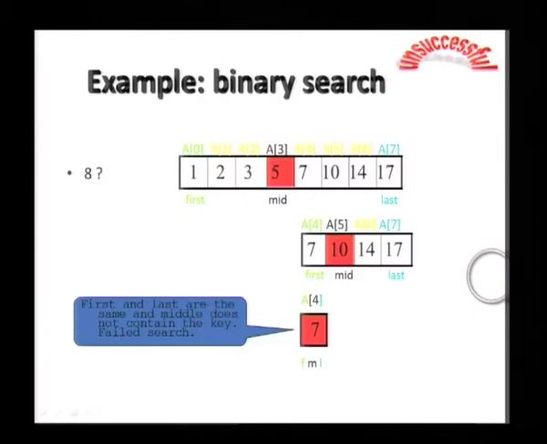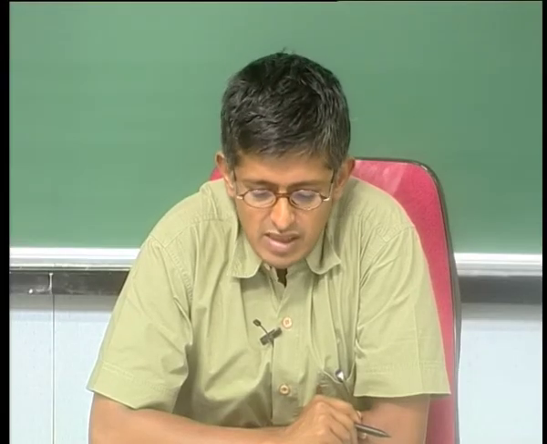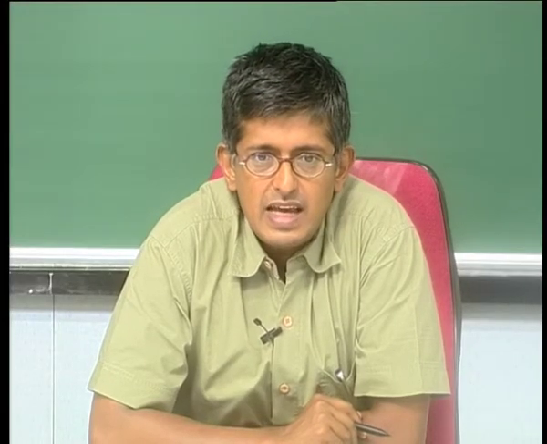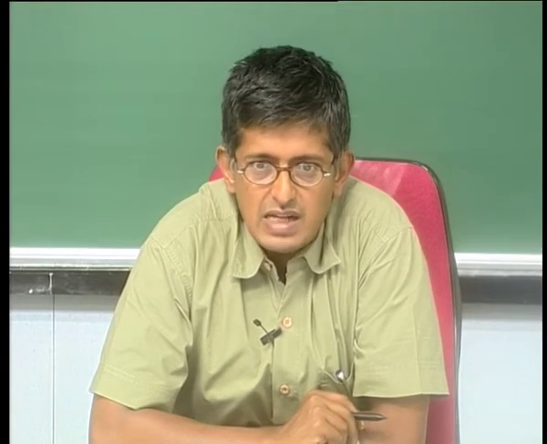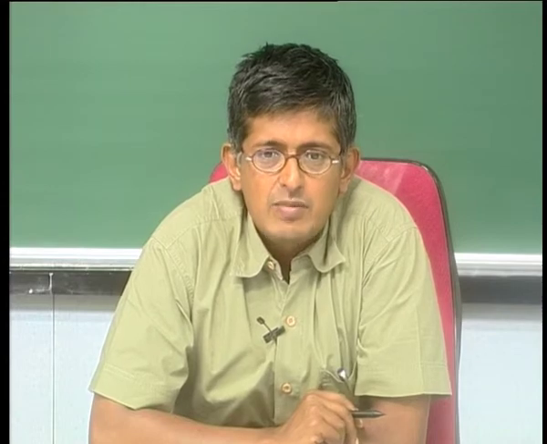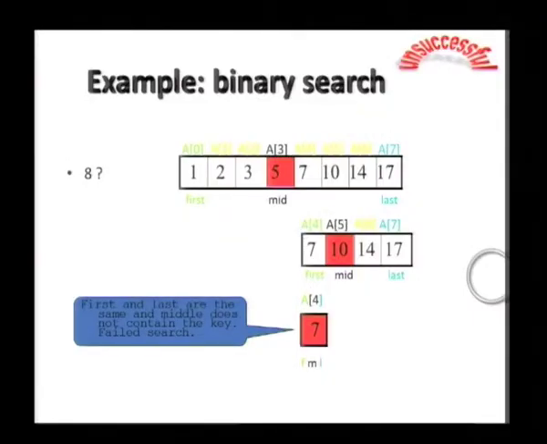So, here is an unsuccessful binary search, and the unsuccessful binary search can terminate in two conditions. One is where first and last are the same and the middle value does not contain the search key. This is very important. There are three cases here. The first case we have already seen, which is a successful search. Here is an unsuccessful search where the exit condition is because the key is not present and first and last have the same value.